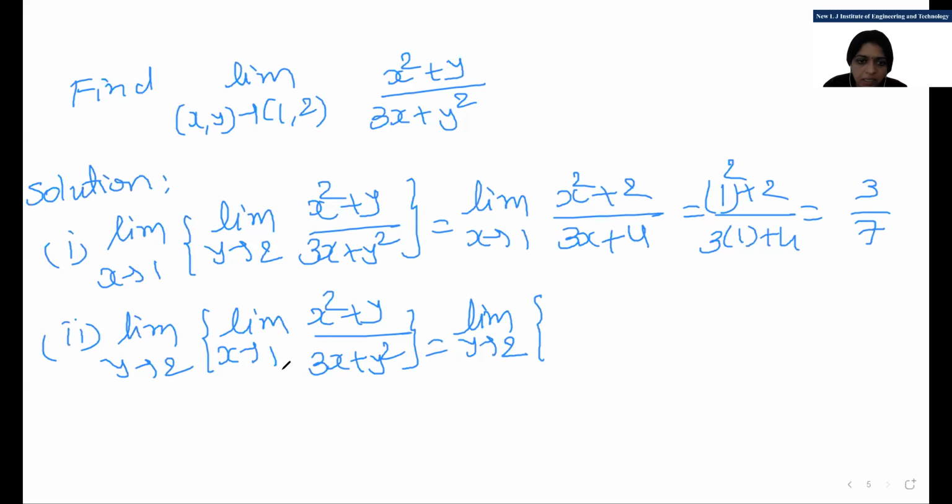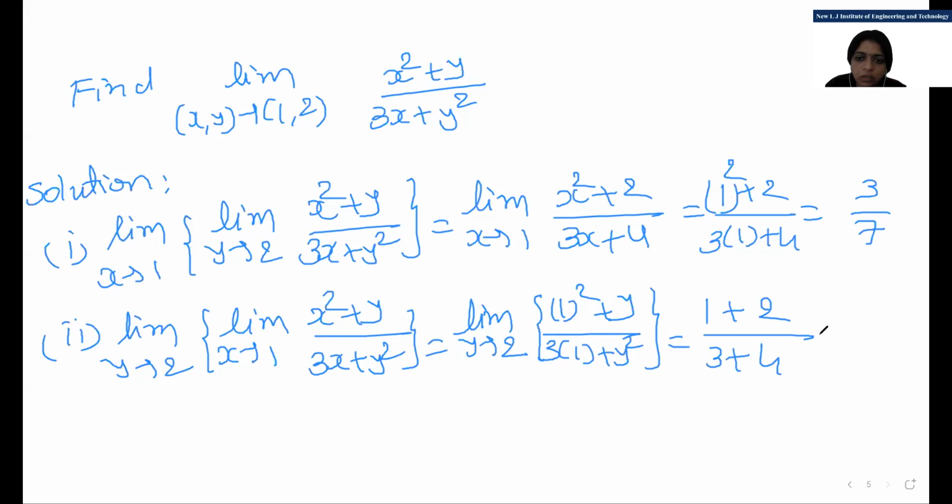After applying limit x tends to 1, that is 1 square plus y, here 3 into 1 plus y square, right? So 1 plus y and 3 plus y square. So if I apply y tends to 2 here, so 1 plus 2, 3 plus 4, that is 3 by 7. Both answers are equal.